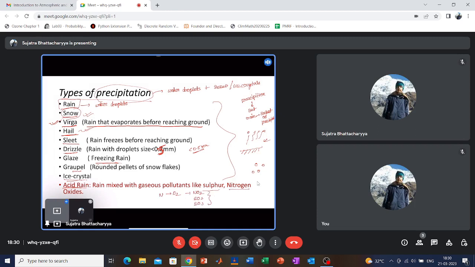So when these pollutants or aerosols react with the rainfall, they form acid rain, which is very harmful for our skin. So acid rain is rain mixed with gaseous pollutants. This question has come in this particular week only, week 7. Okay, so this is acid rain.